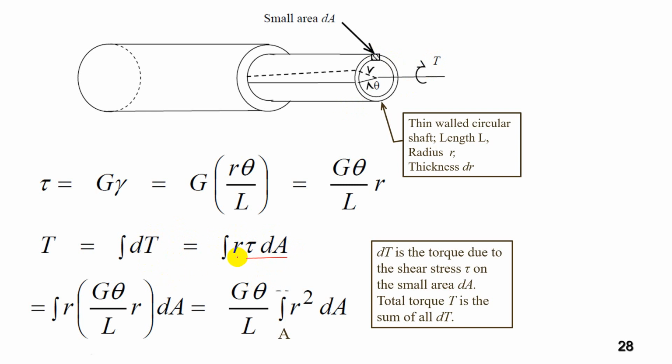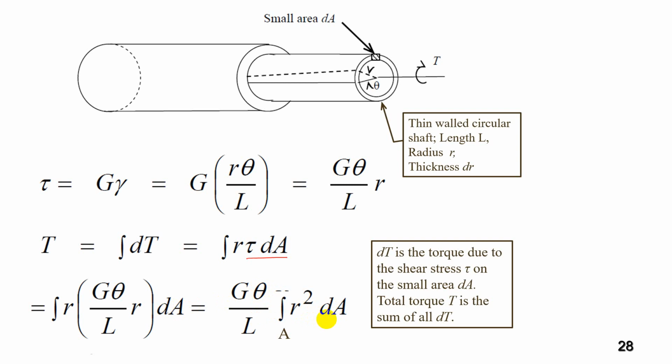If you substitute here tau as G theta over L into r, and dA, you get G theta over L and r squared into dA. So what is r squared into dA?